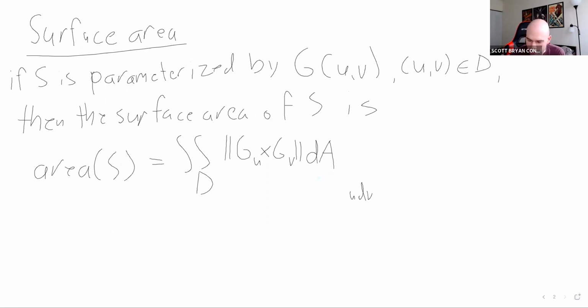So whatever, it's a normal double integral over a region in the plane. So we parameterize our surface with g, and then u and v live in D. To get the surface area, we integrate the magnitude of the cross product, g_u cross g_v. So we get that normal vector, and then we integrate that over the region D, where u and v live.